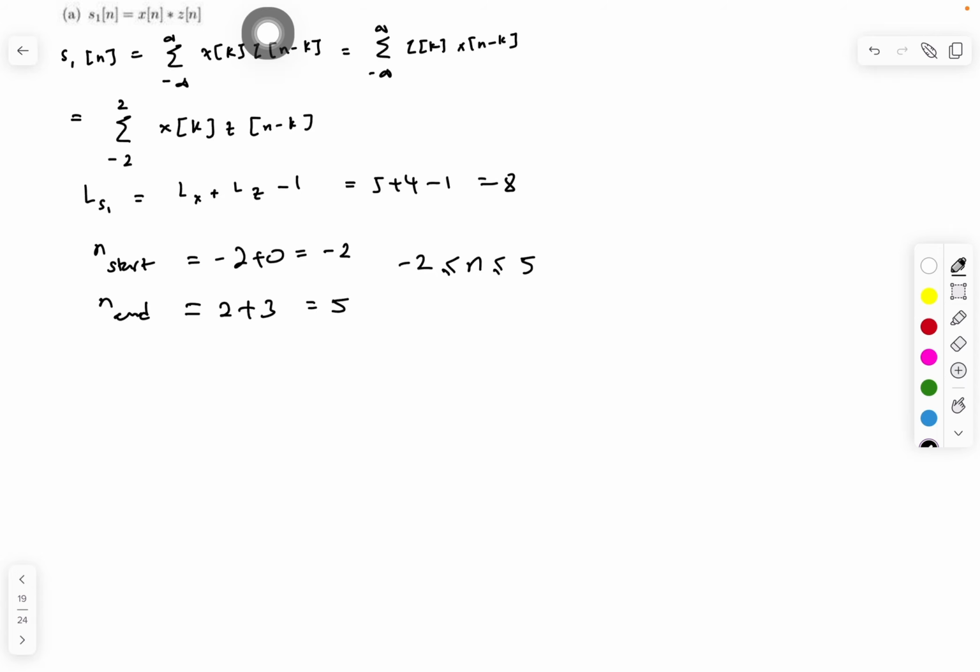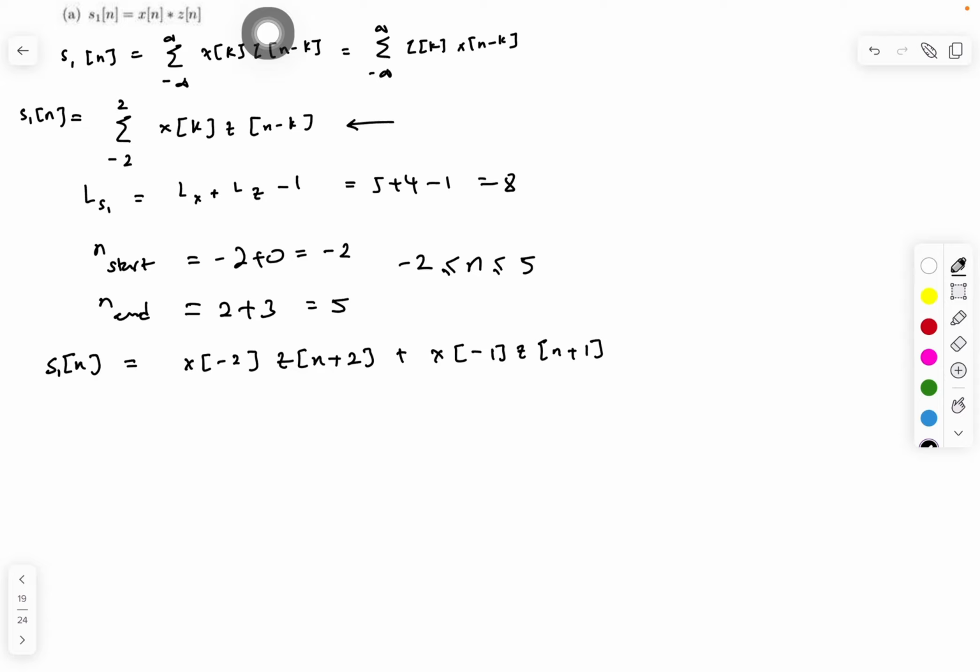So let us expand our summation first, and then we can start to substitute n values one by one. So it's going to be x[-2] z[n+2] plus x[-1] z[n+1] plus x[0] z[n] plus x[1] z[n-1] plus x[2] z[n-2]. I'm just substituting the k values here in this summation.